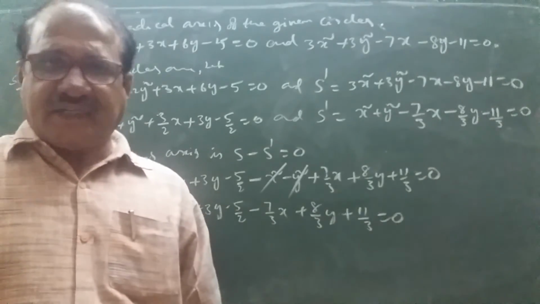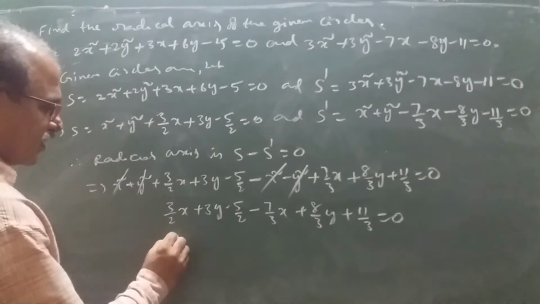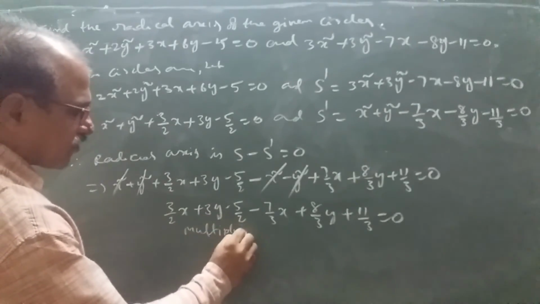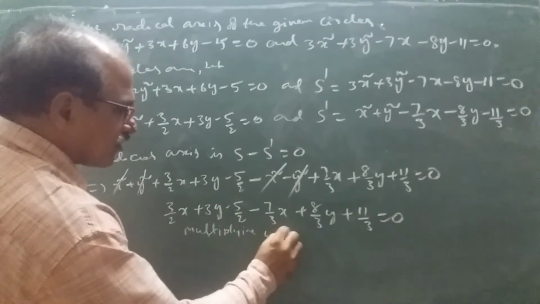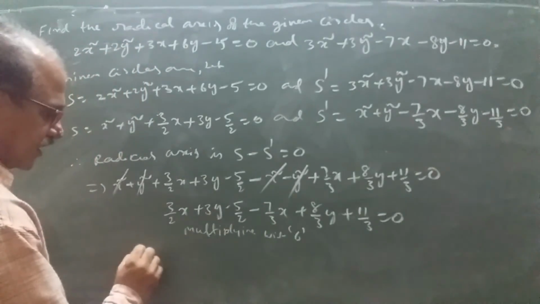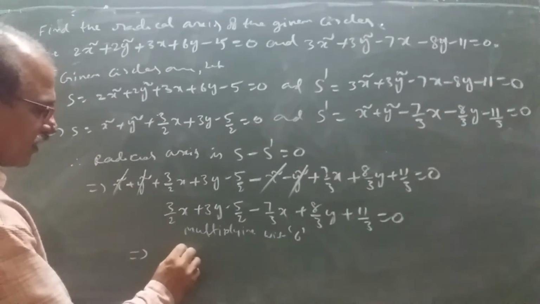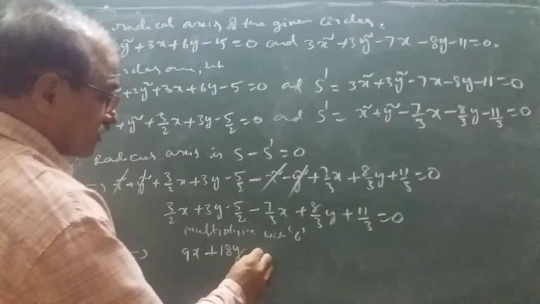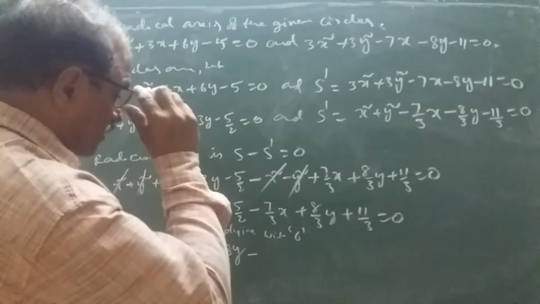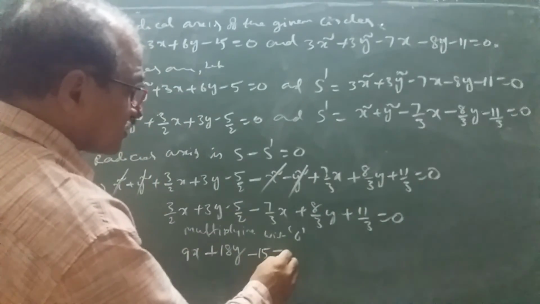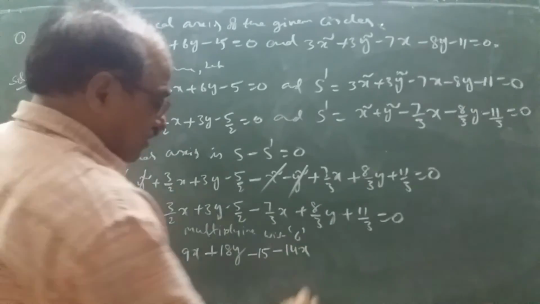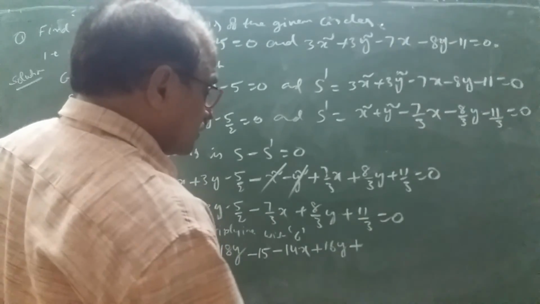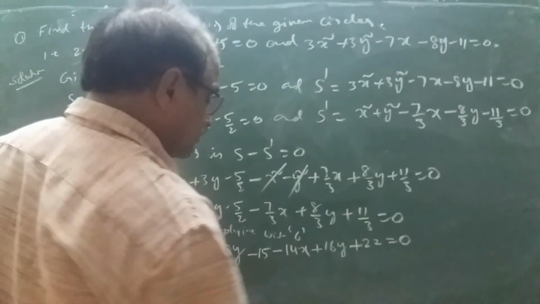By multiplying with 6, we get 6 into 3 by 2, 9x, plus 6 threes are 18y, minus 2 times 6, 3 times 3, 15, minus 2 sevens are 14x, plus 2 eights are 16y, plus 3, 2 times 2, 11s are 22.